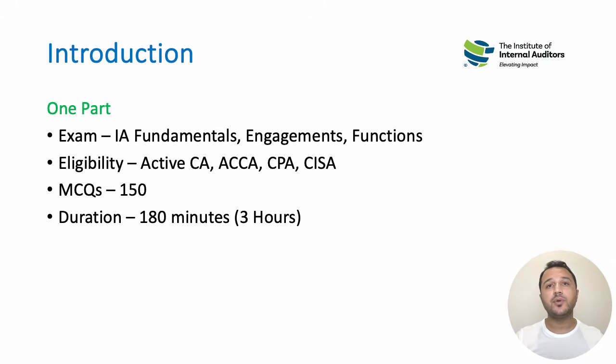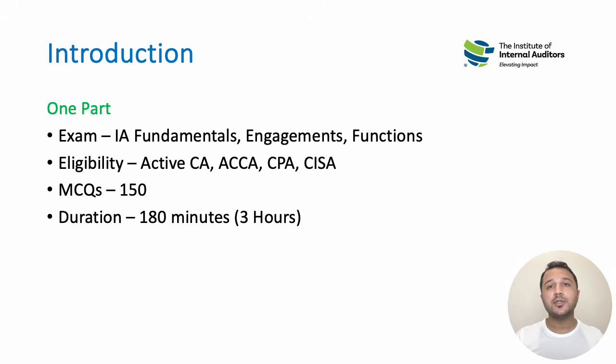In case you have any other qualification and you believe that you might be eligible, you have to raise your case individually with the IIA, but these are the main ones which generally allow you an entry path, where you only appear in one challenge exam, and if you pass that exam, you become a CIA. This is a great initiative for people who already have an accounting and audit background. It is an easy and quick way to become a certified internal auditor.